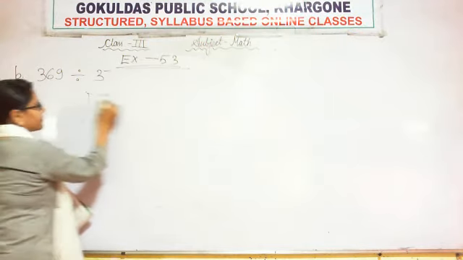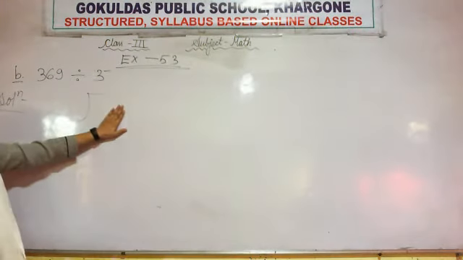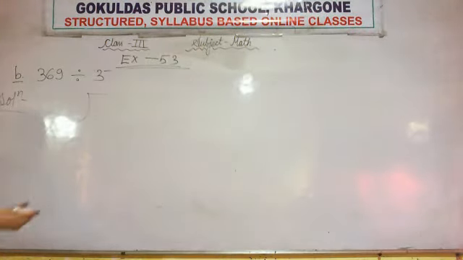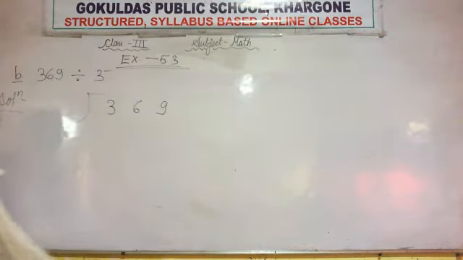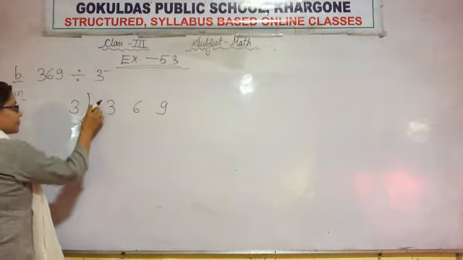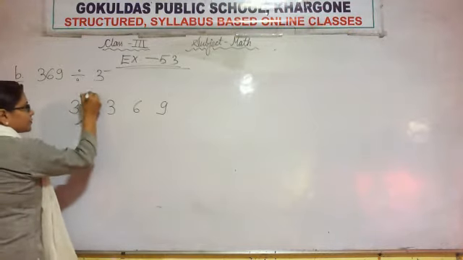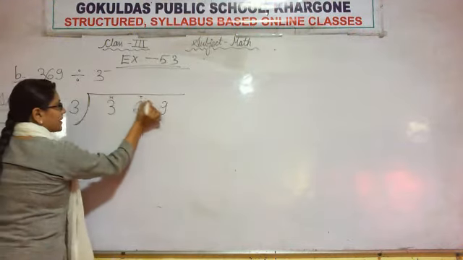As we know, here we write the dividend. Our dividend is 369. Our divisor is 3, so here we will write 3. Now let's start our division process. Hundreds place, tens place and ones place.